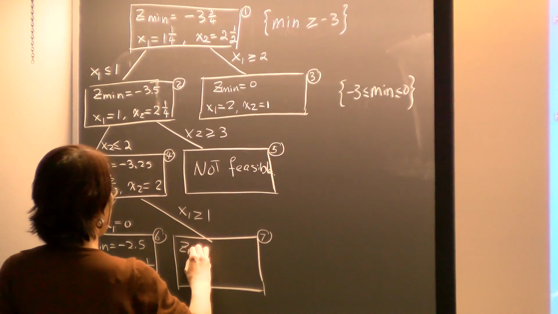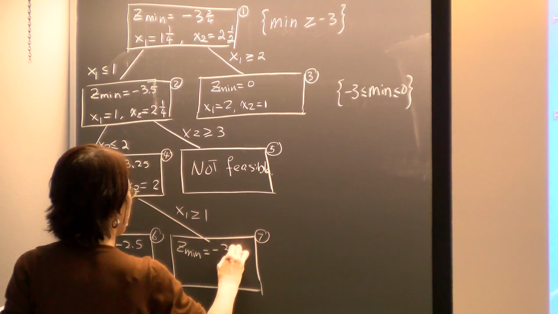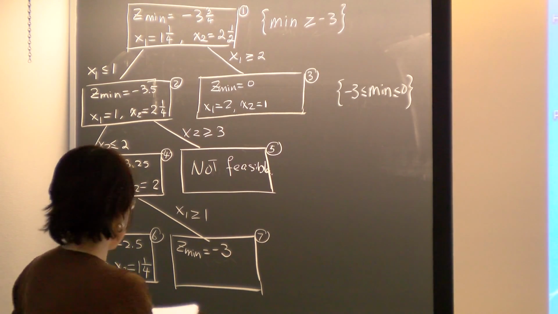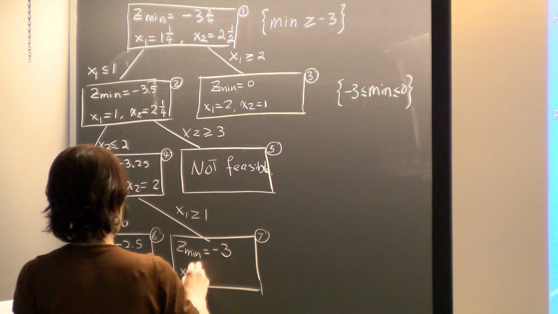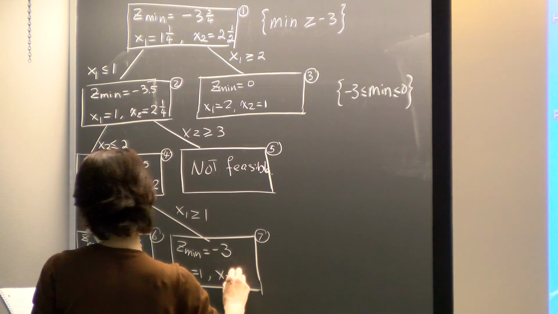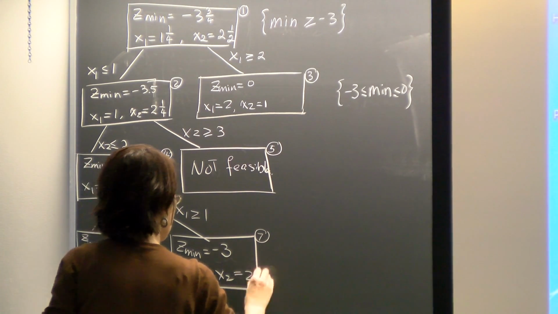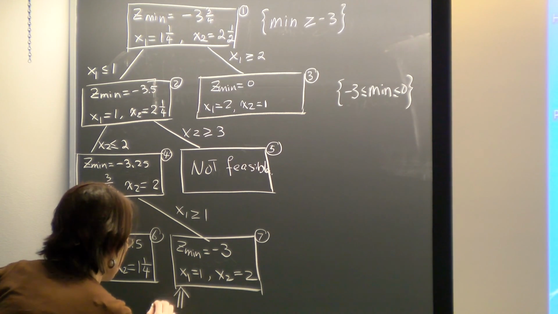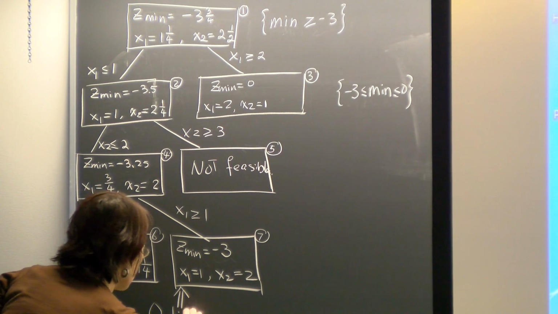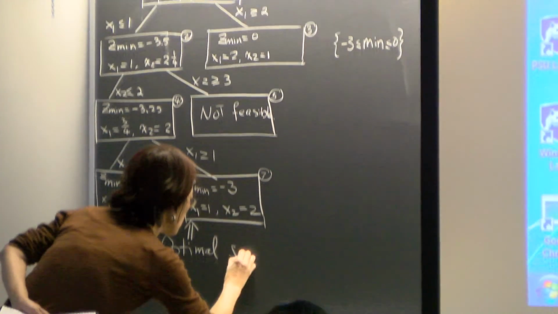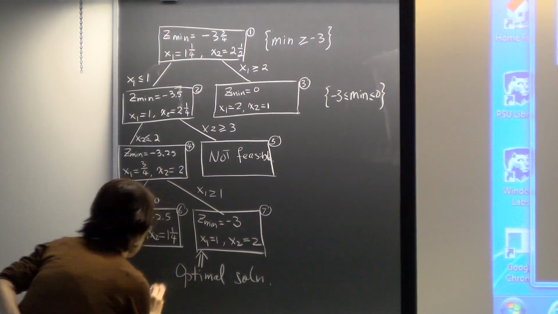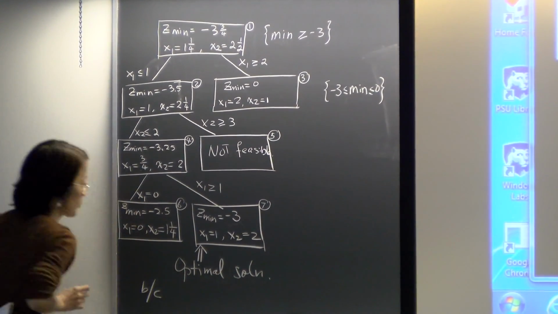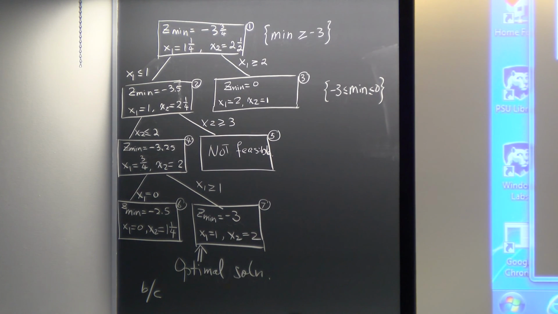C min is -3 from the table. I see, right? Obtained at x1 is 1, x2 is 2. Okay, so I claim now this is the optimal solution. Because, could you give me an argument why I could claim that?